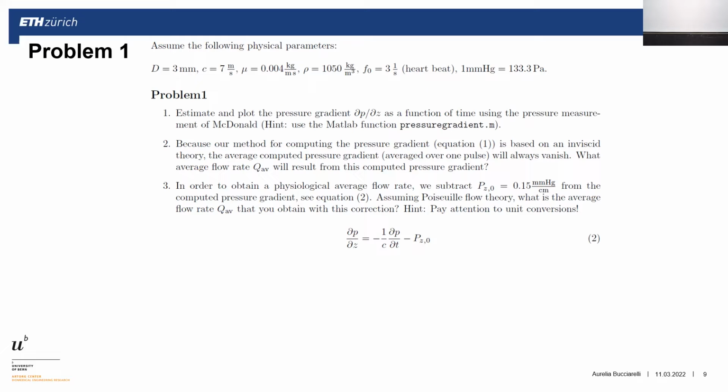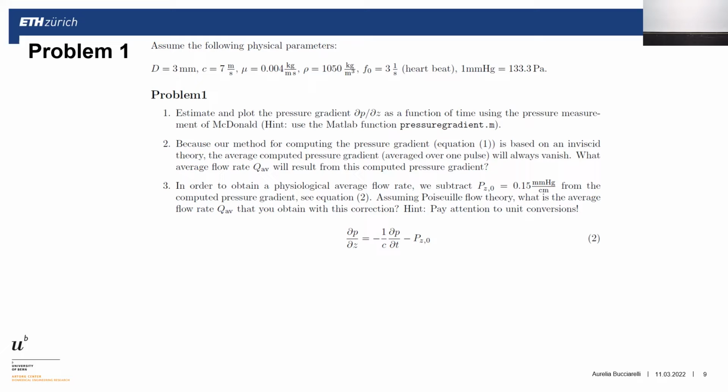I don't have it open, but it's not difficult. The pressure gradient function only asks you for the amount of times that you want, and then you can plot it. And again, please use only 1 heartbeat. It's the best for this. And I hope that's not too difficult.